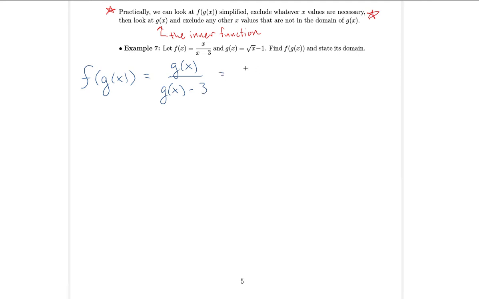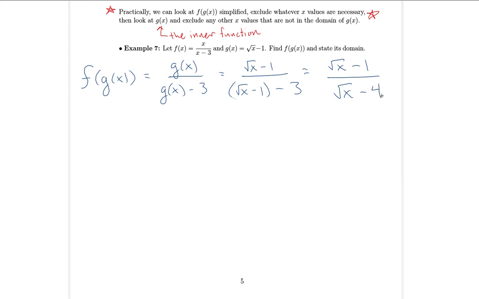And we know g of x is the square root of x minus 1. And down here, square root of x minus 1. And the bottom can, of course, simplify, so this will be square root of x minus 1 divided by square root of x minus 4.